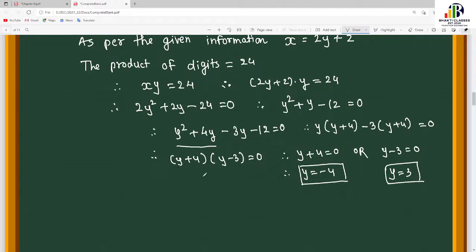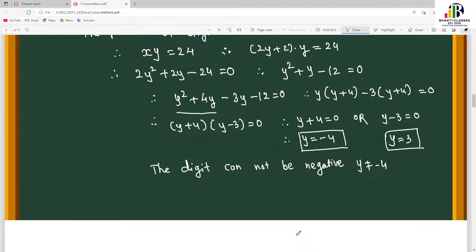Now the digit cannot be negative. Y is not equal to minus 4. तो y की वैल्यू 3 हो गई.